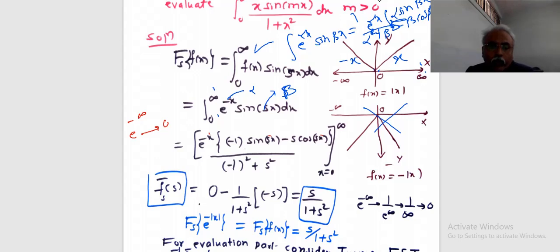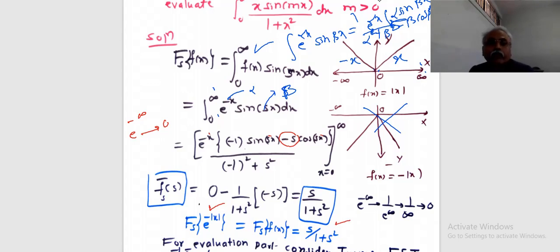Minus the lower limit. X equal to 0, this becomes 0. Minus cos 0 has become 1. So only minus of minus s remains. So hence s by 1 plus s square. In the denominator there is no x, it remains as it is. F bar s of s is s by 1 plus s square. So the Fourier transform of e raised to minus mod x is s by 1 plus s square.